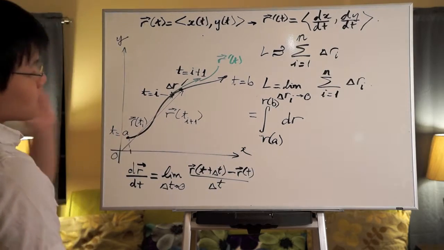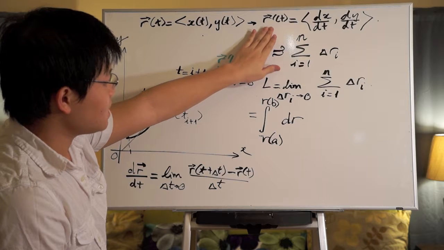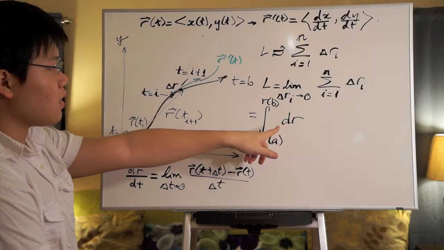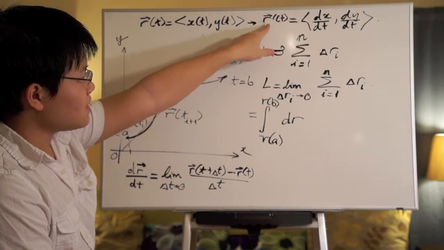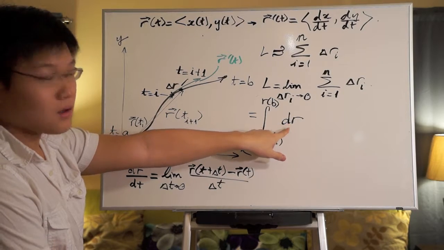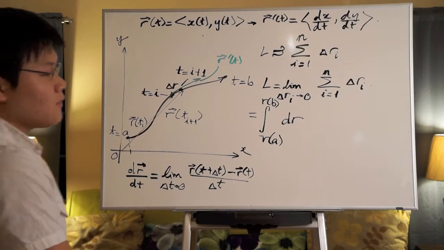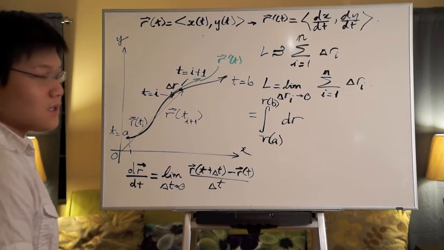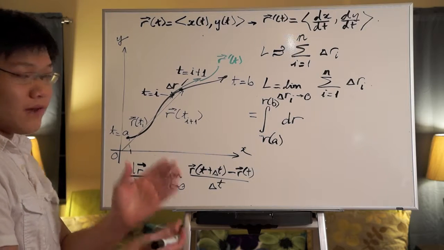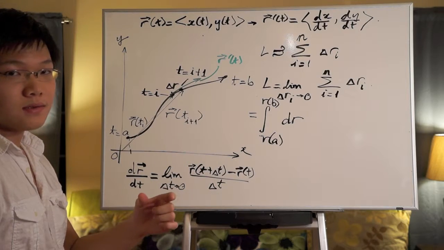Well, now we have the derivative r prime t equal to that, and now we have delta r. One is a vector function, and one is a scalar. So how do we connect them? Well, all it is is taking the magnitude of it. A vector is defined by its direction and its magnitude.